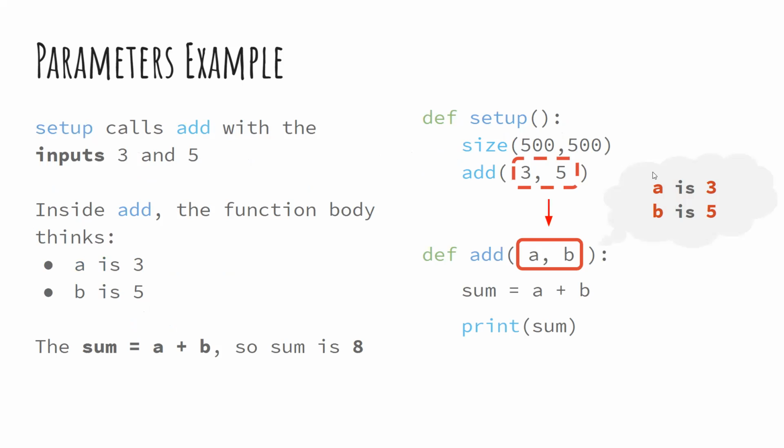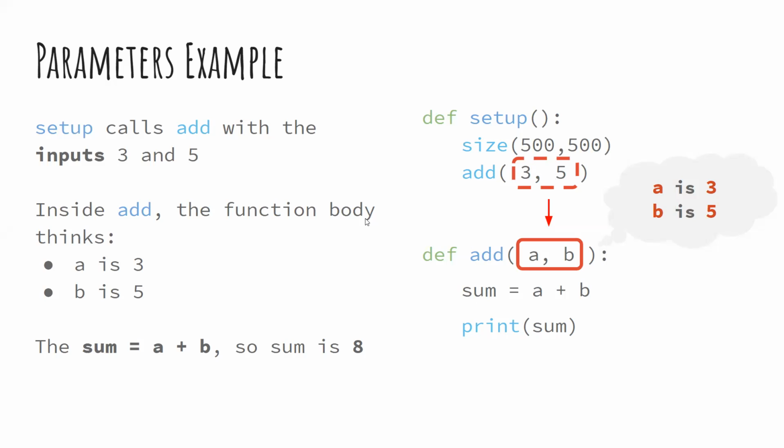So let's look at the diagram. It's going to be a lot more clear. So we have our setup function over here, as usual, with the size. And the function that we created is add. It takes in two parameter values, a and b. Now what it does is it calculates their sum, stored in the variable called sum, and we're printing the sum. We are calling this function inside of the setup function, and we are passing in the values which are 3 and 5.